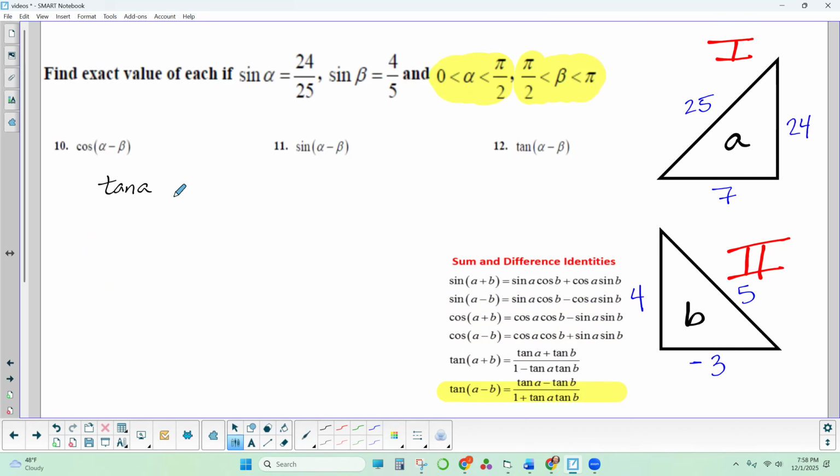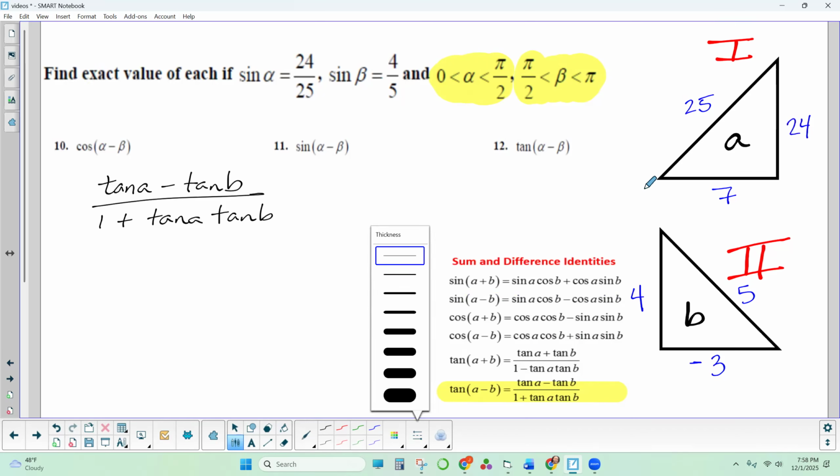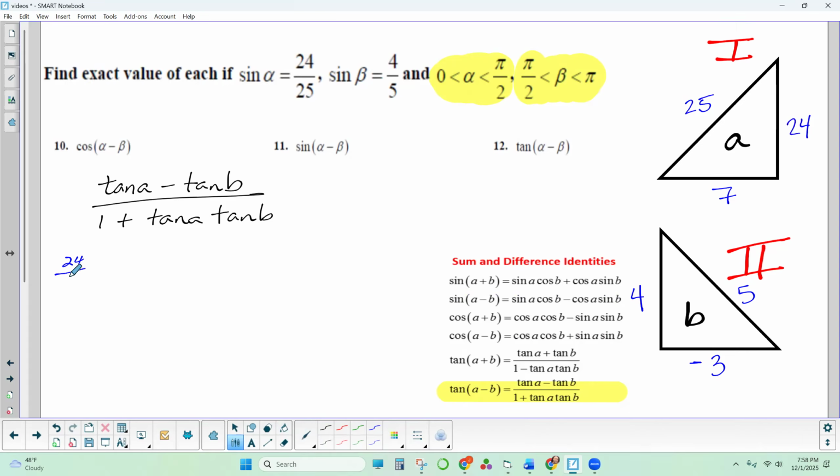Tan A minus tan B divided by 1 plus tan A times tan B. So I'm going to come up here to A, and tangent is y over x. So that's going to be 24/7 minus tan B, which is -4/3, divided by 1 plus tan A, 24/7 times tan B, -4/3.